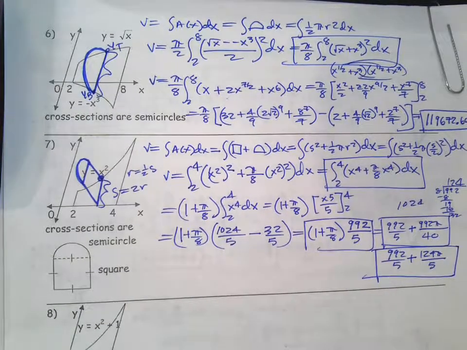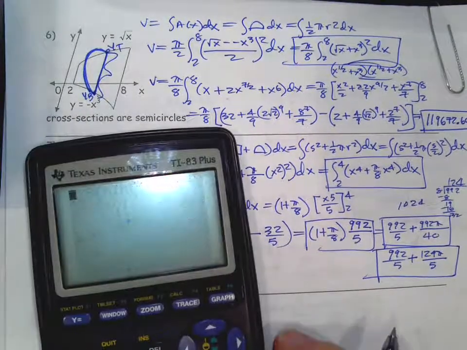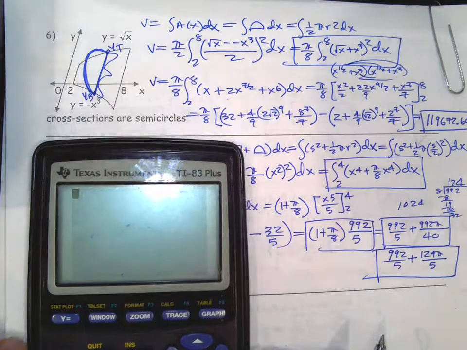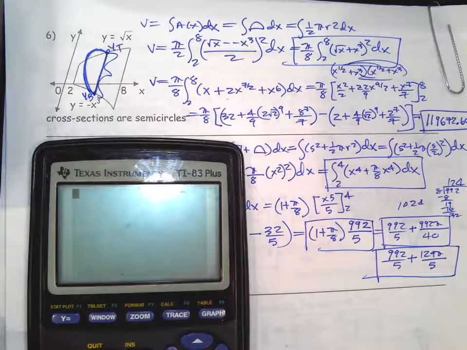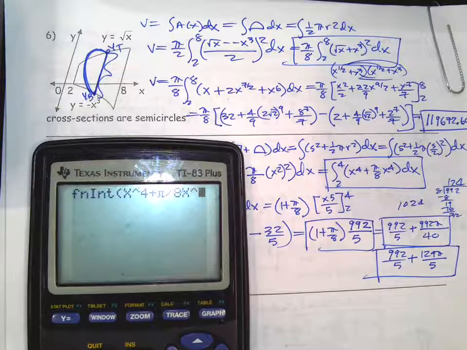Anyways, on our calculator, let's try this out. We go with math 9, x to the 4th plus pi over 8 x to the 4th, comma x, comma 2, comma 4.